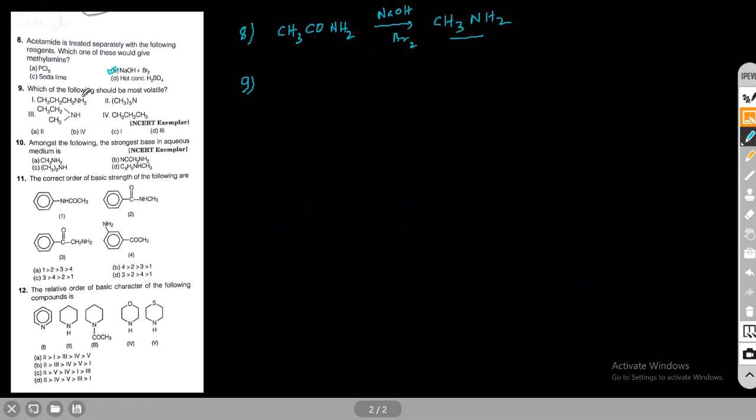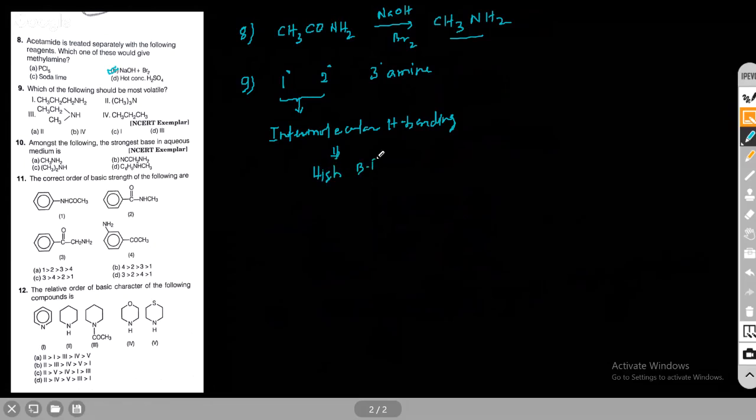If you have 1 degree, 2 degree and 3 degree amines, in the first two, intermolecular hydrogen bonding is possible, which increases the boiling point.